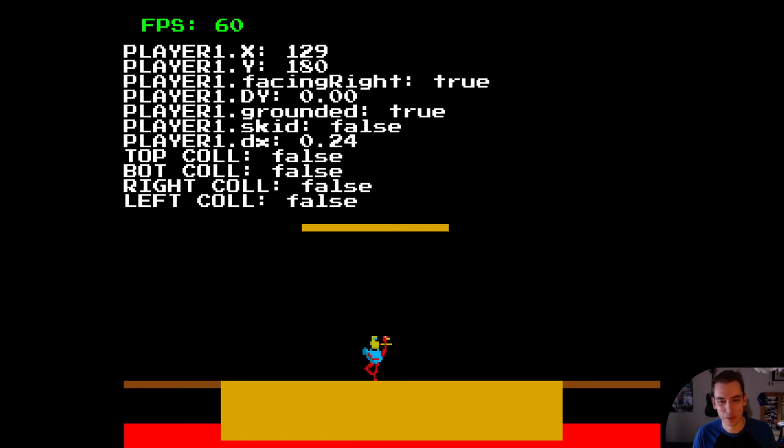You know, it needs to be maybe a little faster than that. And then the skidding is working right, as well as the turning and going. Oh, that's so fun. Whoa, look, his leg disappeared there.